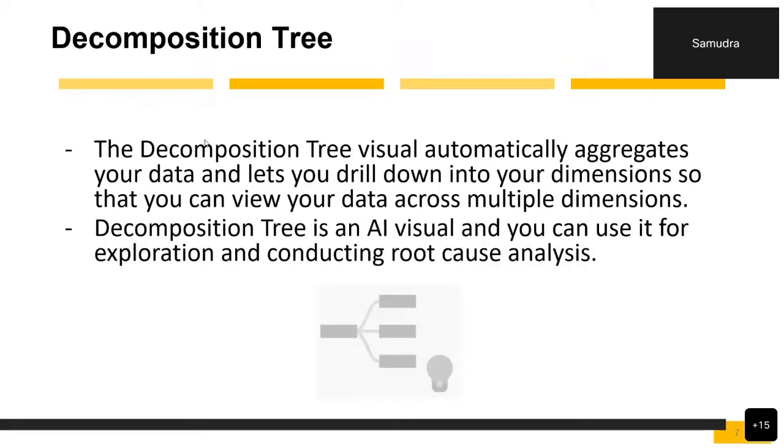And the other visualization type is the decomposition tree. This visual automatically aggregates your data, and you can drill down into your dimensions and get an idea about how that data is distributed across the multiple dimensions. And finally you can get an idea about the root cause as well.